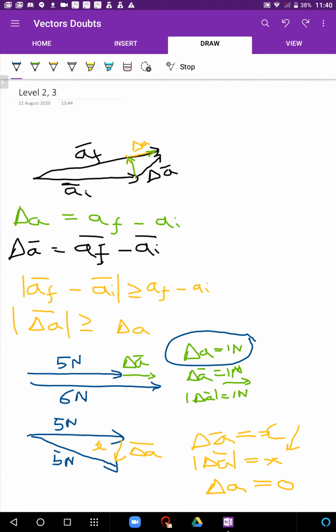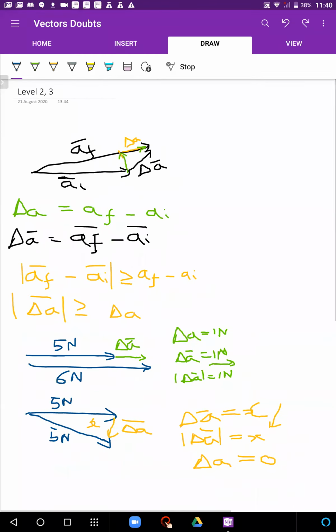When I'm going to both rotate the vector as well as increase its magnitude, एक rotate भी कर रहा हूँ और magnitude भी बढ़ा रहा हूँ, तो एक तो vector का इसके साथ साथ magnitude बढ़ेगा 1 Newton से, because I'm actually increasing the magnitude of the vector, so the change in the vector will include the change in magnitude, 1 Newton. On top of that, there will also be some change due to the change in direction. When you put the two together, the change in the vector is greater.